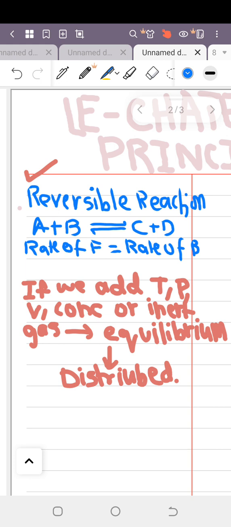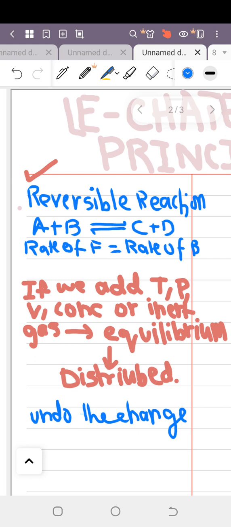मतलब same equilibrium position पे लाना है, इस disturbance को remove करना है. So we'll try to undo the change, or come to the same position. ऐसा कुछ करें ताकि इक्विलिब्रियम अपनी सेम पोजीशन पर आ जाए.